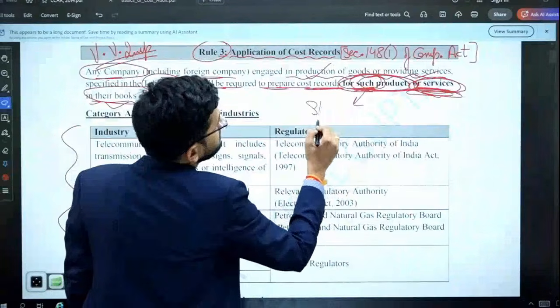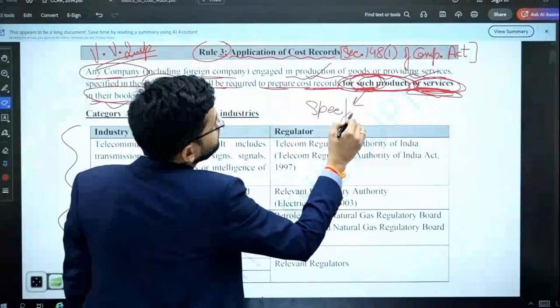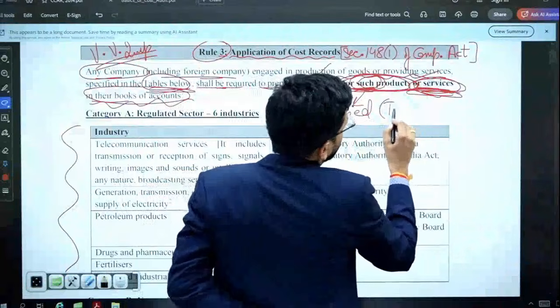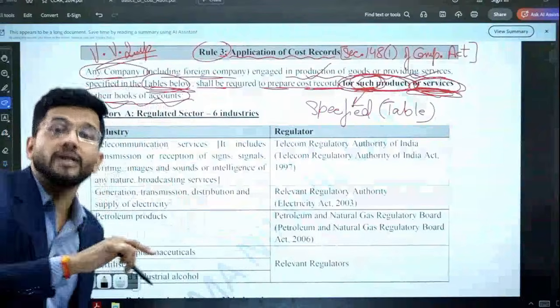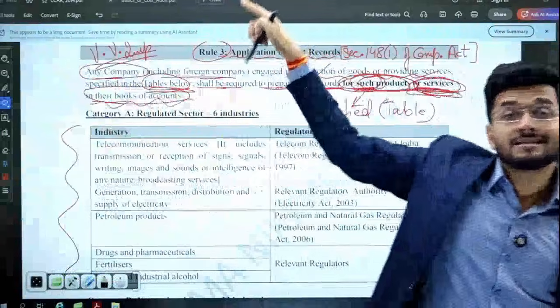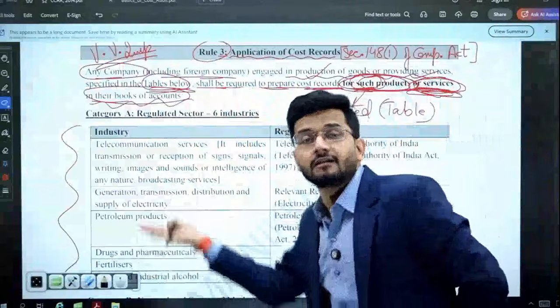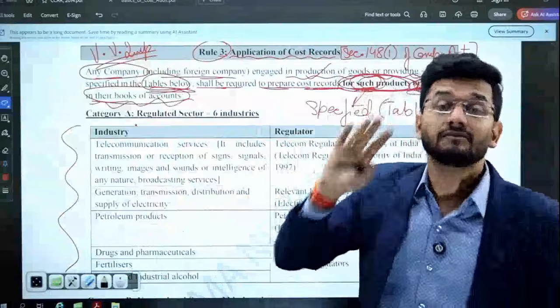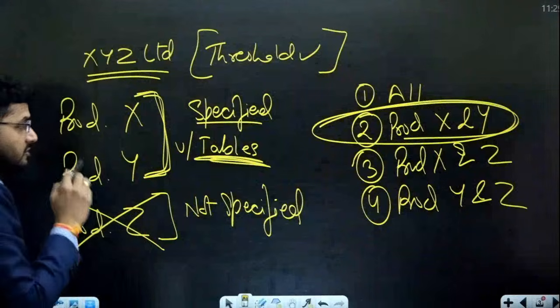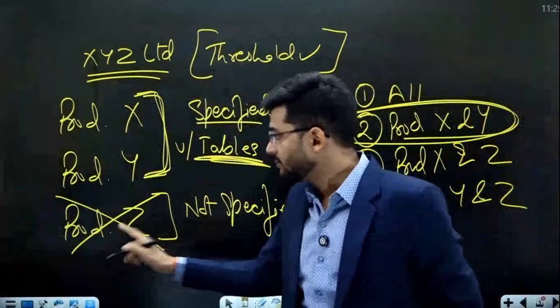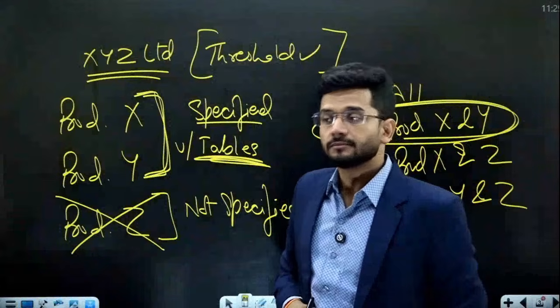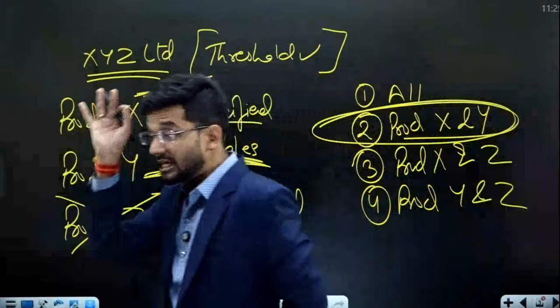Such products means specified products under the tables, table A or table B. So cost records are required to be prepared only for such products which are specified under table A and B respectively. Cost records are not required to be prepared for the products which are not specified under any of the tables. Cost records are not required to be prepared for product Z. This is the conclusion which you need to really understand.